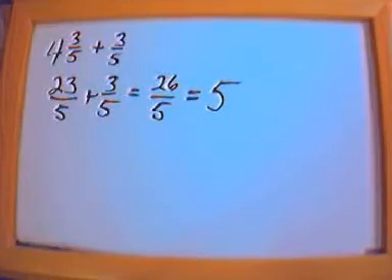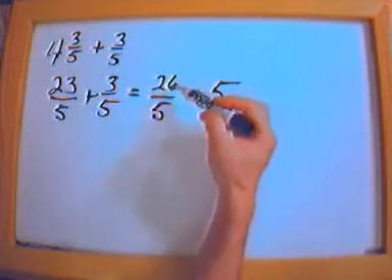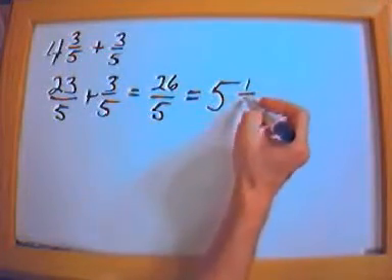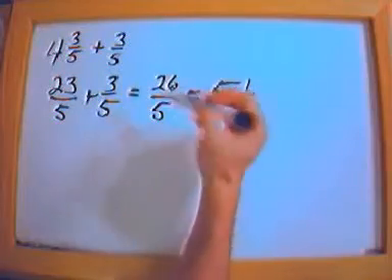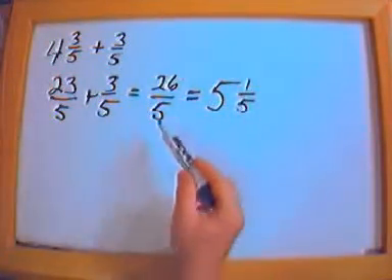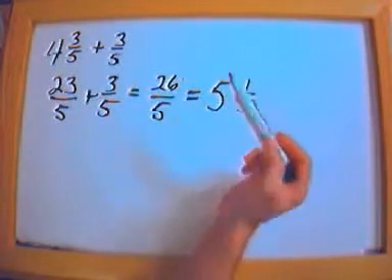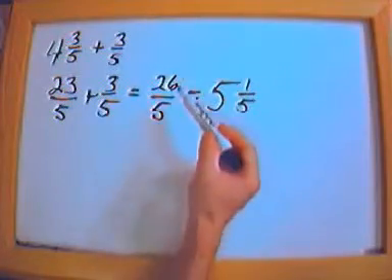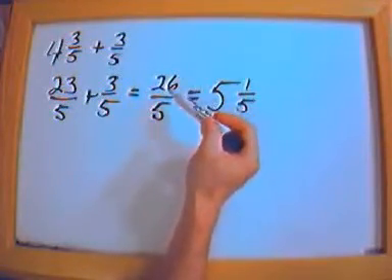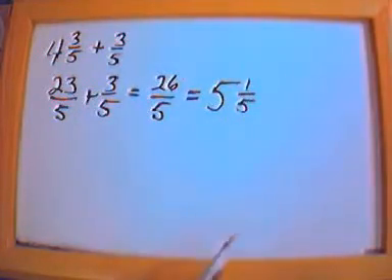So I write the 5 big out there like that. 5 times 5 is 25. And I've only got 1/5 left over because one more gives me 26, and then I just keep the bottom. So what I've done is I see how many times I can divide in, a whole number of times, and I write that down. And whatever's left over, 5 times 5 is 25 in this case. 26 minus 25 is 1. I write that down, and then I keep the 5.